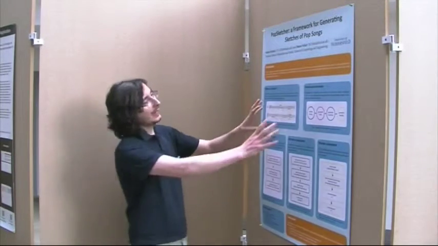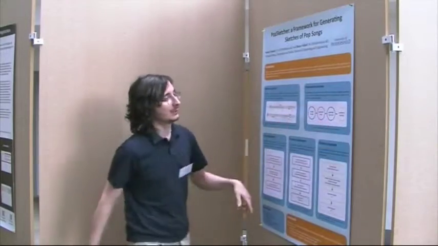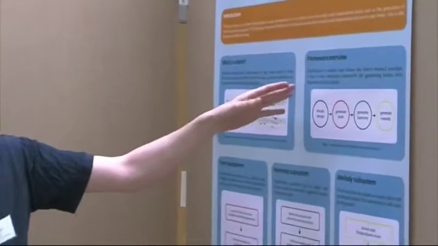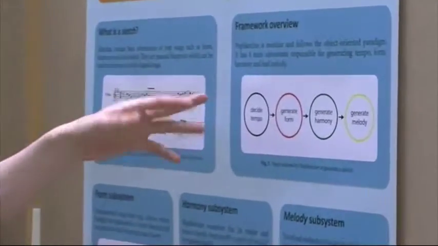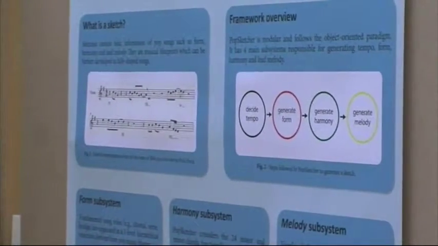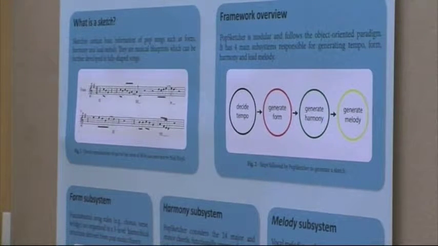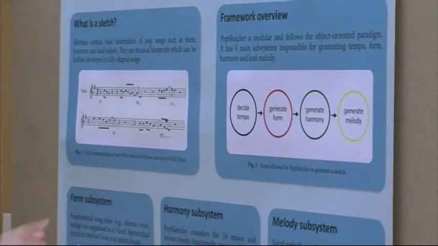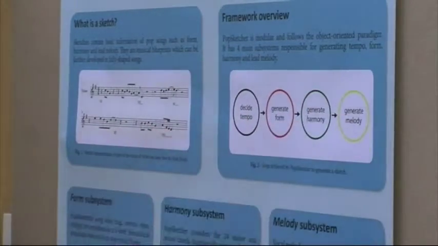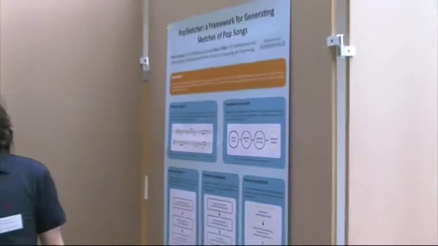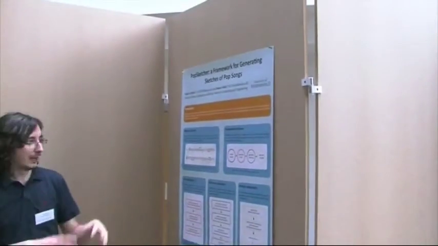And so, here we have an overview of the system. The very important thing to say is that PopSketcher is based on an objective-oriented paradigm. So it is a very modular system with many subsystems. These are the main four subsystems. The first one is responsible for deciding tempo for a sketch.